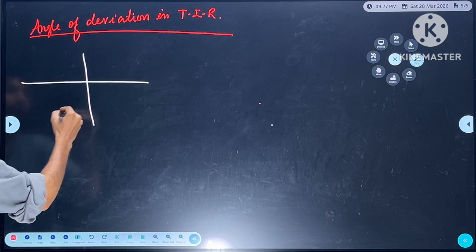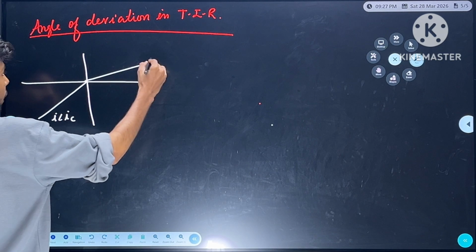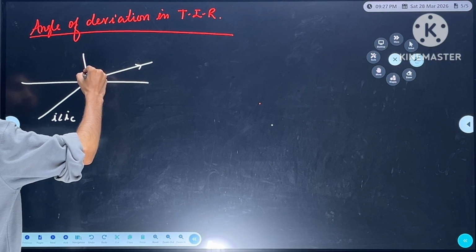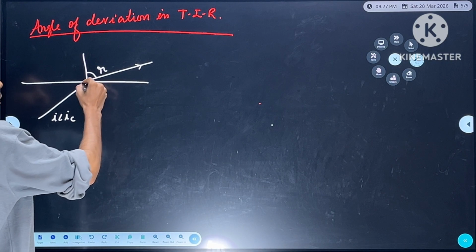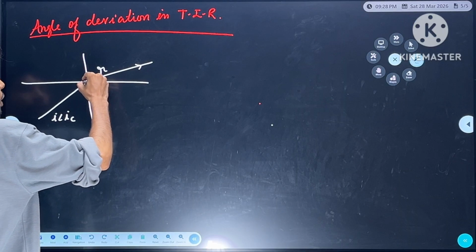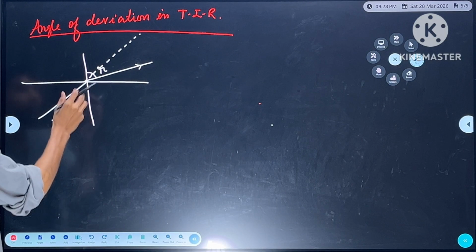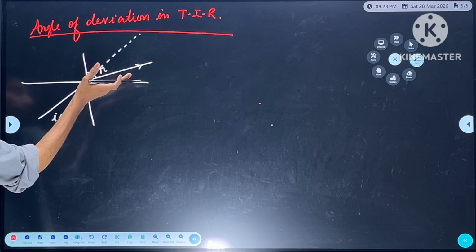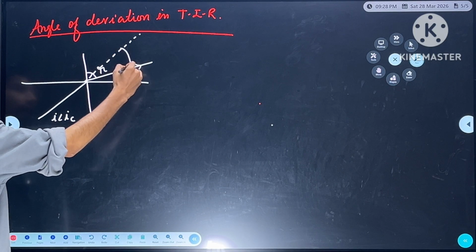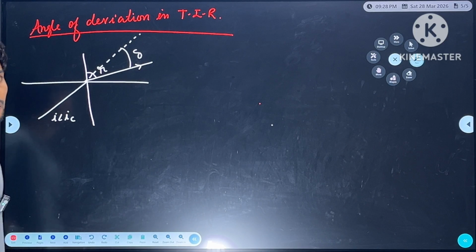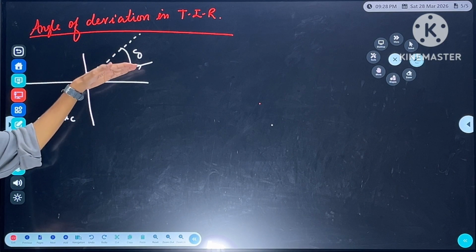First case, I will take when this I is less than IC. Then of course this light ray would be refracting in the other medium with an angle of refraction R. So if there were no separation of the media, if it were the same medium, this light ray would have gone through this path. But because of this boundary, this light ray has been deviated from this path to this path. That means this angle is called the angle of deviation, that is the angle between the actual incident ray and the refracted ray.